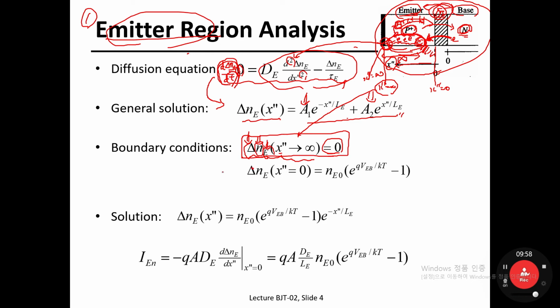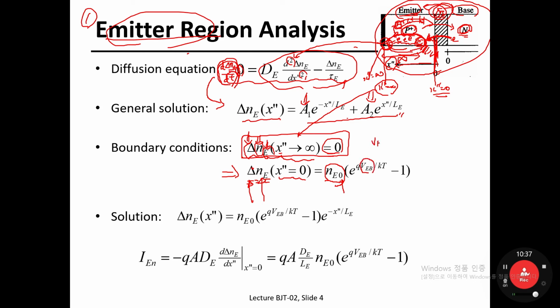And the next one is this. Let's take a look at the excess electron concentration in the emitter at the edge of the depletion region of the emitter-base junction. For the given x2 prime of 0, how much excess electron concentration can be obtained and supplied from the N side or base? As we have already learned in the p-n junction diode theory, it is the electron concentration in the emitter side, I mean the minority carrier concentration at thermal equilibrium, times this exponential.